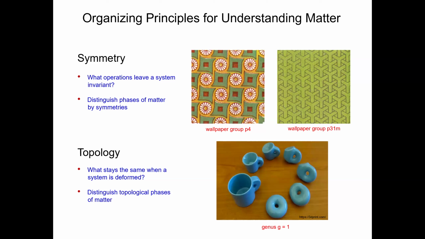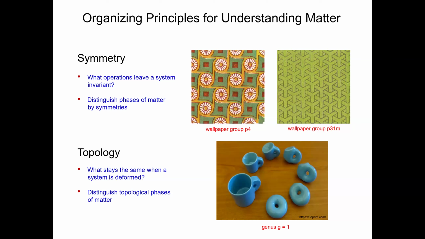Now, in the context of phases of matter, the idea of symmetry gives a very powerful organizing principle for distinguishing the phases of matter. If you think of crystalline matter, for example, the symmetries tell you what operations you can do that keep things the same.